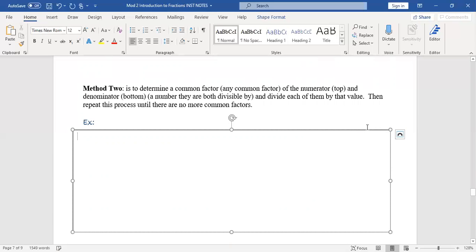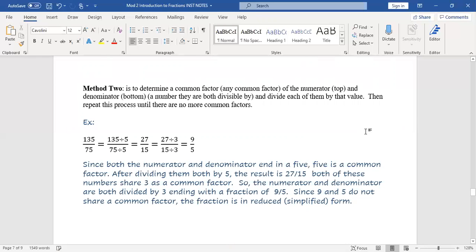So an example of this would be 135 over 75. Since both the numerator and denominator end in a 5, 5 is a common factor. After dividing them both by 5, the result is 27 over 15.